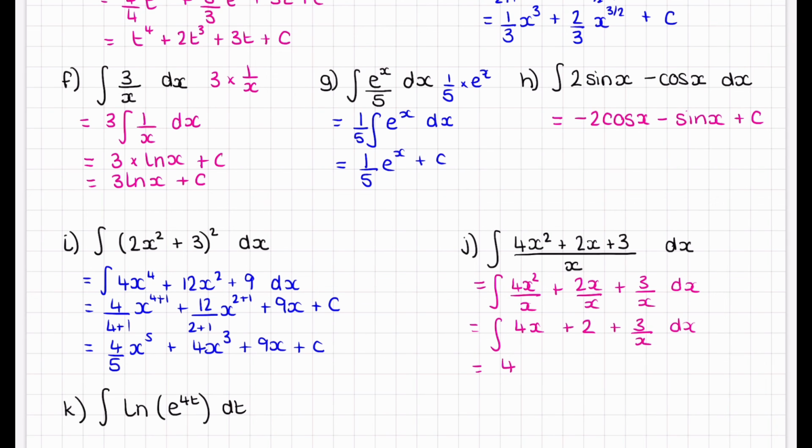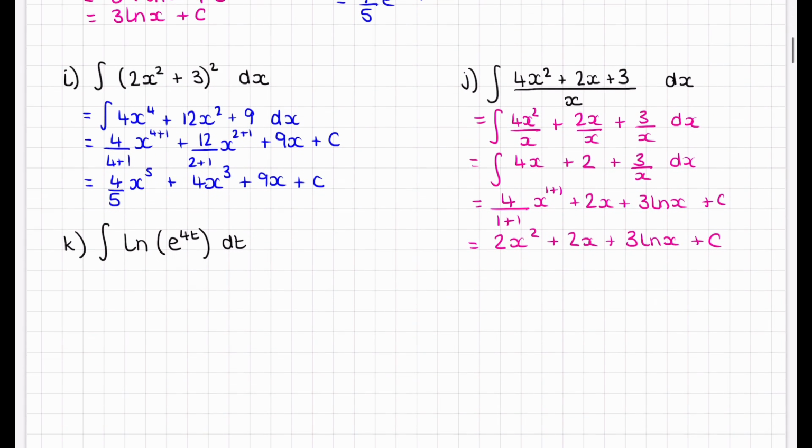We'll have 4 on 1 plus 1, x to the power of 1 plus 1, plus 2x. Now 3 on x we did in part f. You can see there that becomes 3 ln x when we do the integral. And then our plus c, and then simplify. So 4 over 2 will just give us 2x squared plus 2x plus 3 ln x plus c.